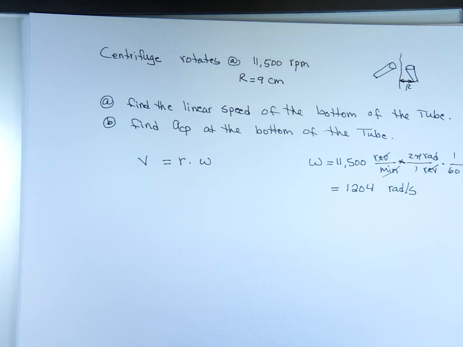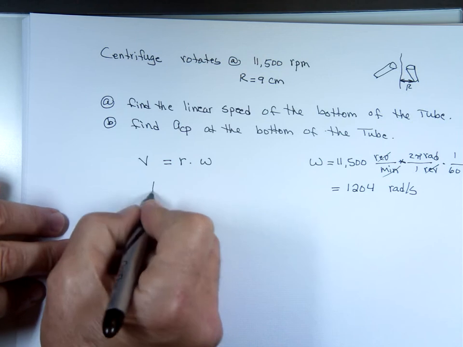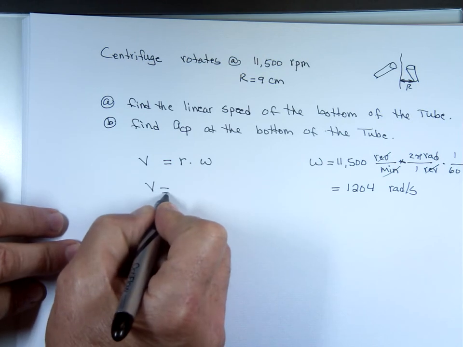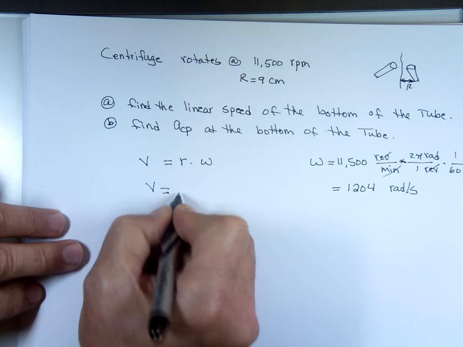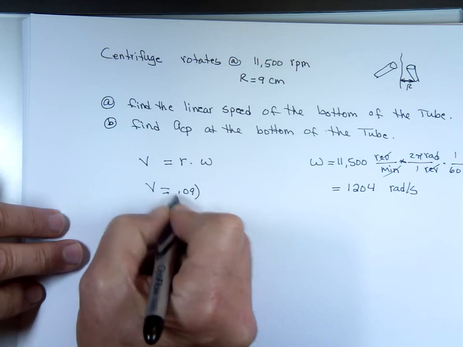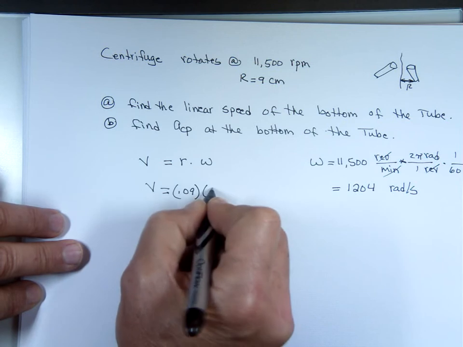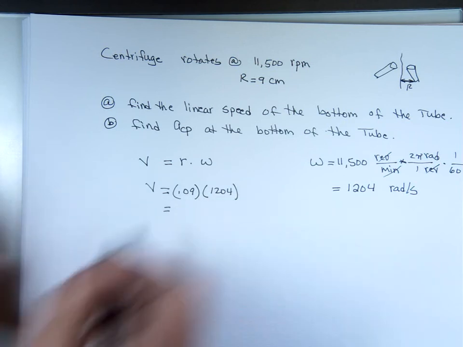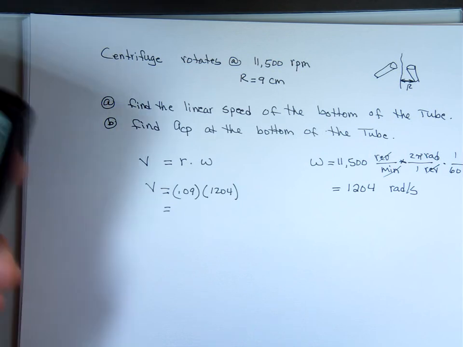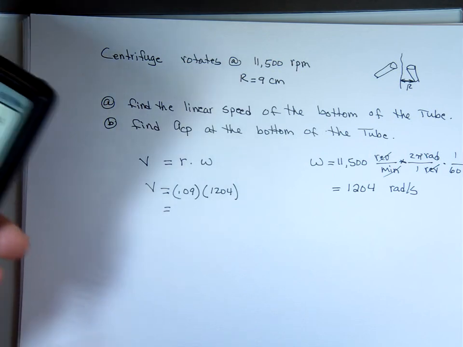So now let's find what V is. R, the radius, which is what? 9 centimeters. That's 0.09, times that number 1204. Oh, that's radians per second there. So times 0.09.